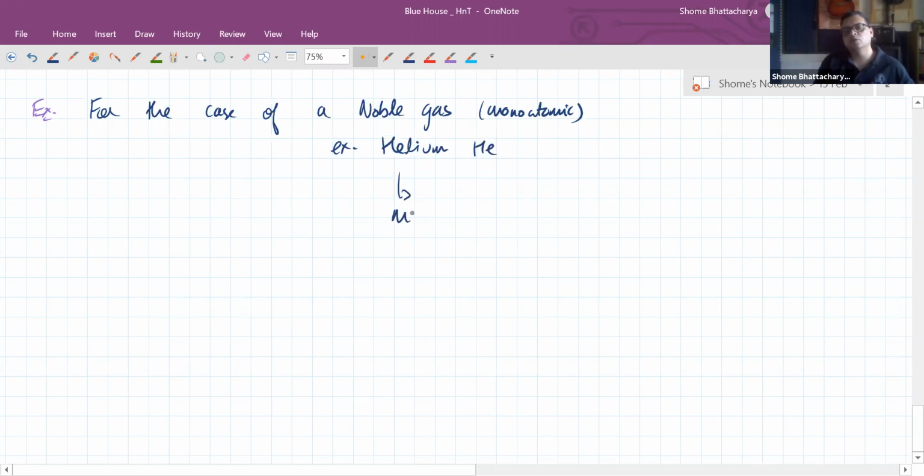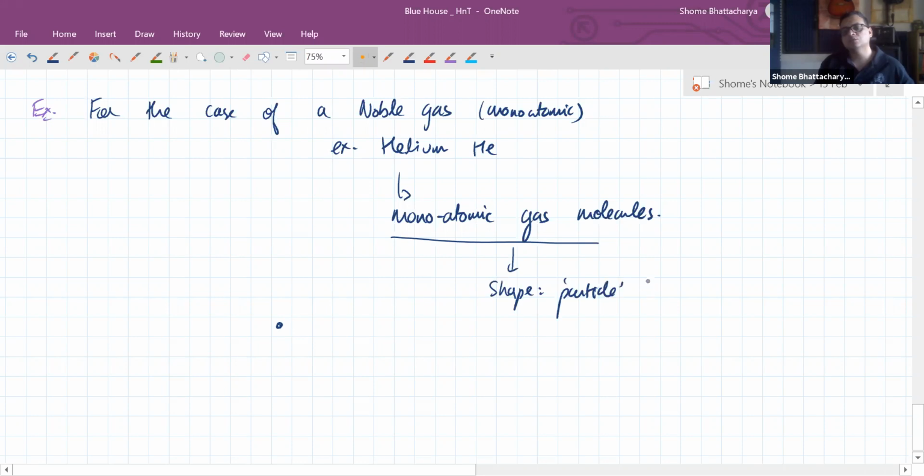So it has monoatomic gas molecules. So the shape of the gas molecule is a particle. So monoatomic gas molecules, the shape is a particle, a single atom. So you can think of it like a point mass. So if it's a point mass, what about the moment of inertia? We have done moment of inertia in rotation. It's tending to zero.